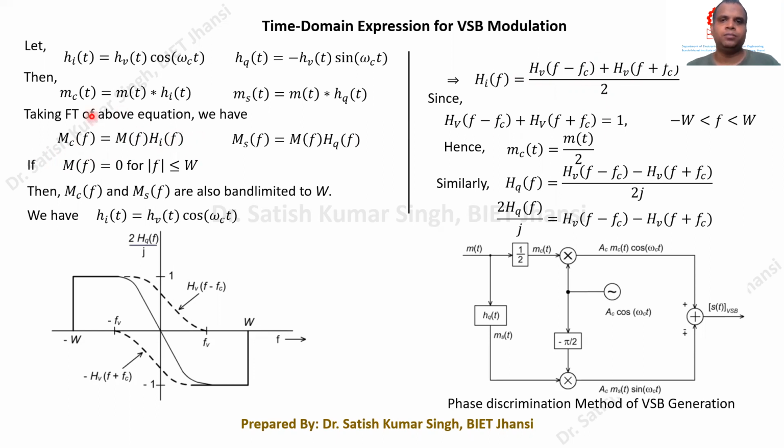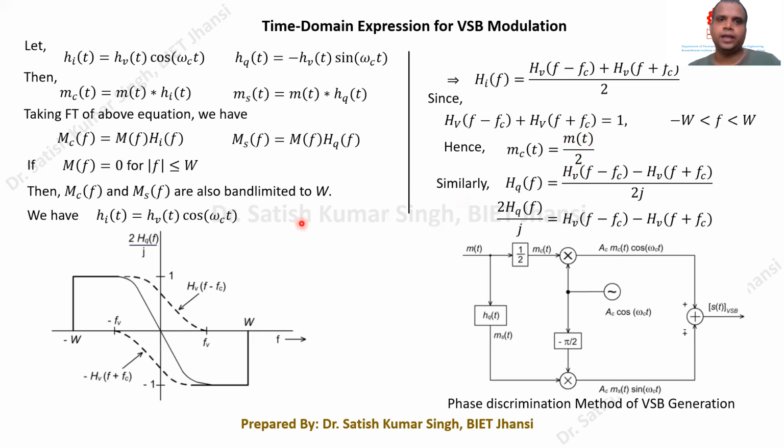If you calculate the inverse Fourier transform, we get m_c(t) equals m(t) divided by 2, because M(f) is divided by 2.